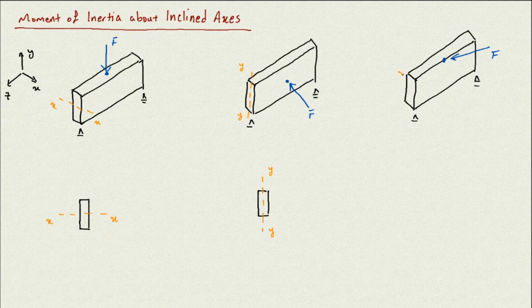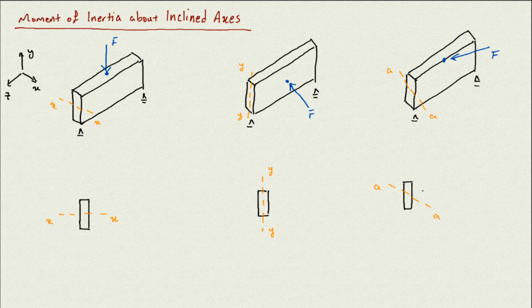So assume this is the axis, and it is going to bend about that. If I draw it from the front view, the axis it is going to bend about is going to be something like that, the axis AA.